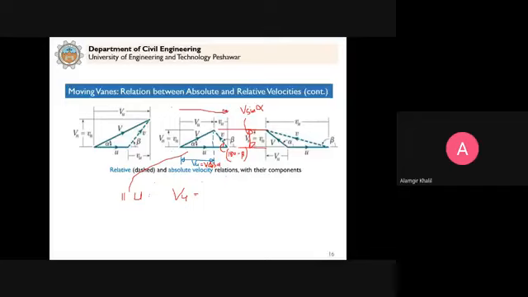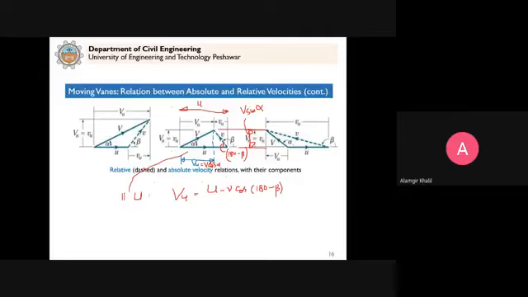So now we have u, so vu will be equal to u minus small velocity v cos of 180 minus beta.